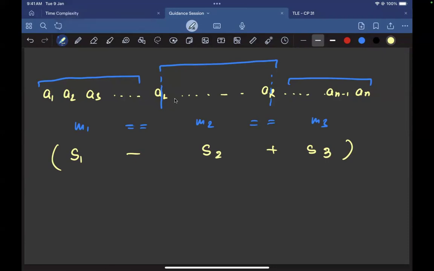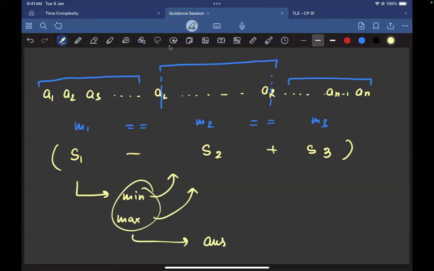Isn't that true? So out of all such possible partitions, you have to tell me which partition will give the lowest possible value of this equation and which partition will give the highest possible value of this equation. And you have to print these two values as an answer.